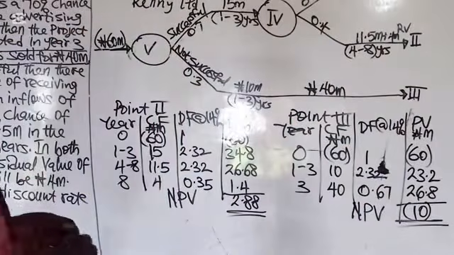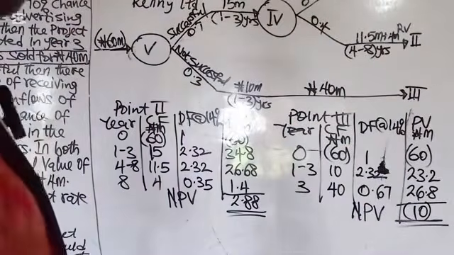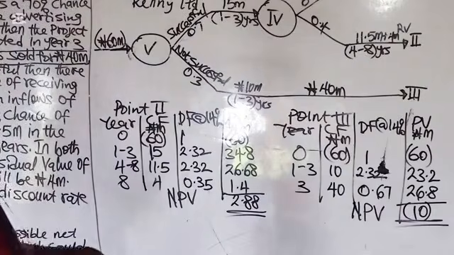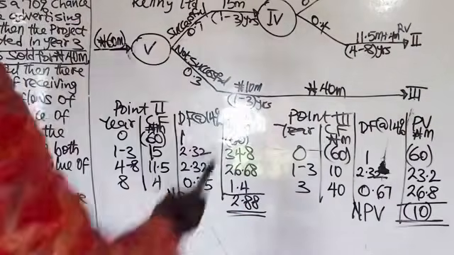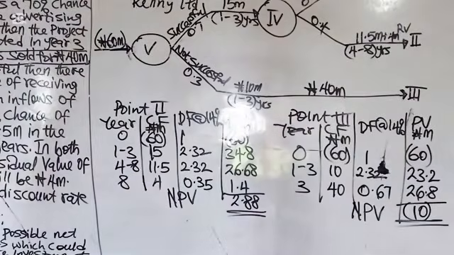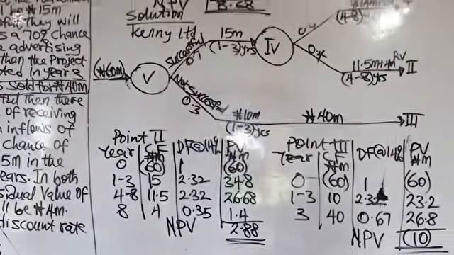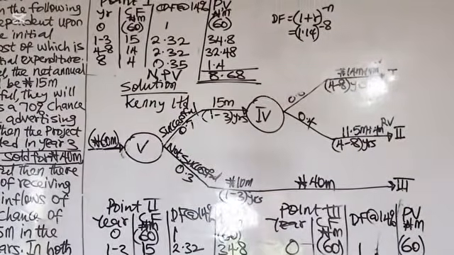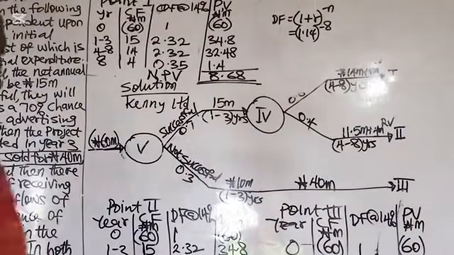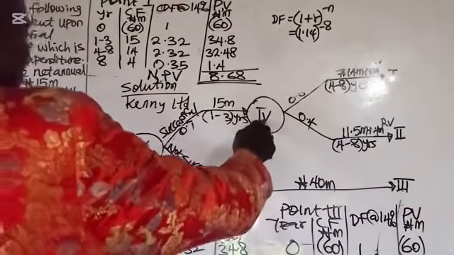Now that you have determined the terminal value of the project, we can calculate the value of point 4 through a backward pass. So we want to take a backward pass to determine the value of the internal nodes. So we have point 4.